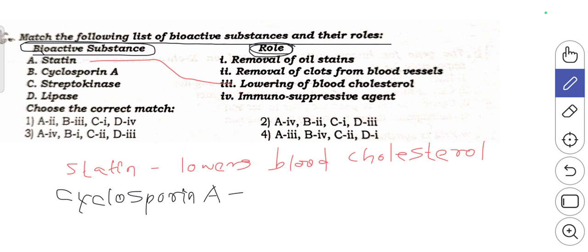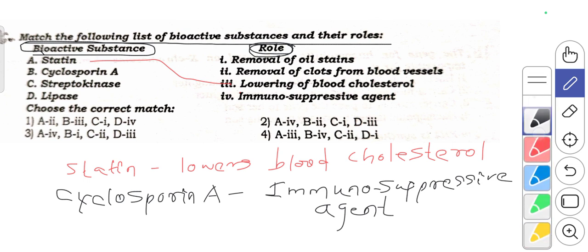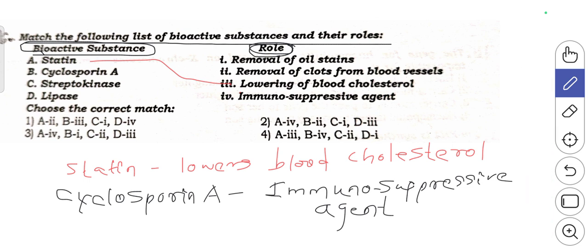This cyclosporin A is used as an immunosuppressive agent. So let's check whether they have given it here or not. Cyclosporin A, they have given here, that is immunosuppressive agent.